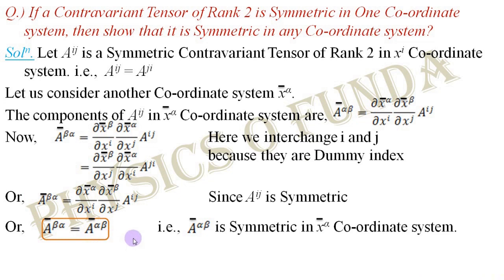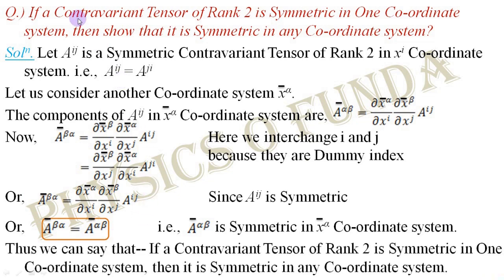That means the given tensor is also symmetric in the barred coordinate system. So a contravariant tensor of rank 2 that is symmetric in the unbarred coordinate system is also symmetric in the barred coordinate system. That means we can conclude that if a contravariant tensor of rank 2 is symmetric in one coordinate system, then it is symmetric in any other coordinate system.